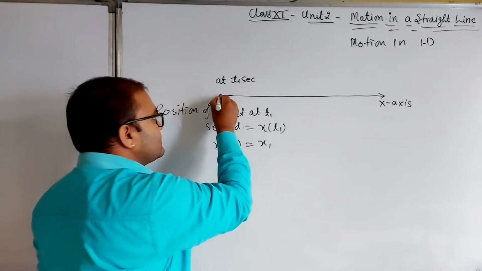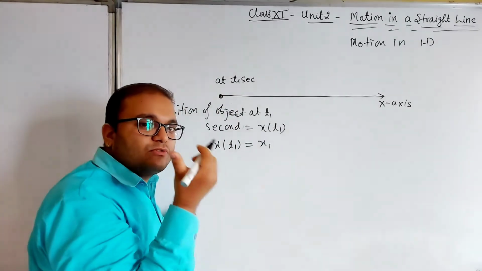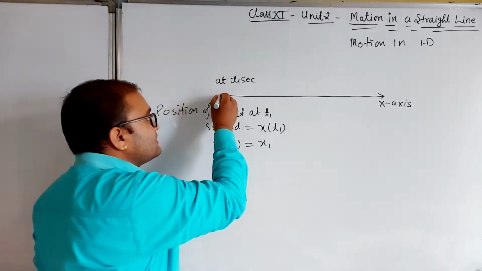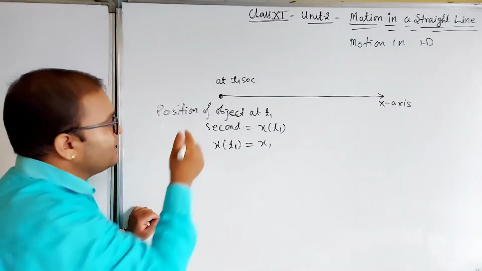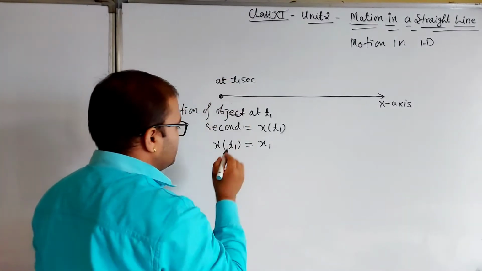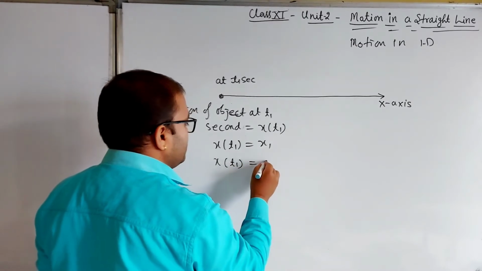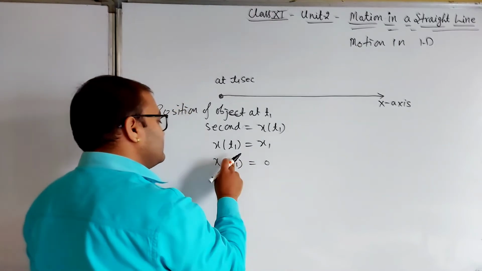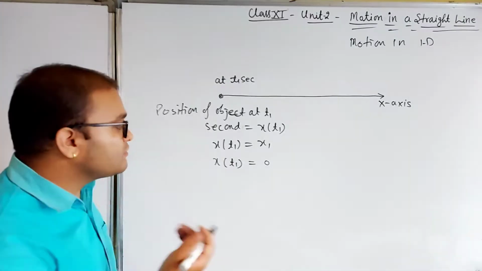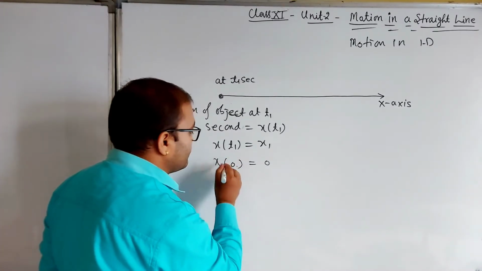Now suppose t1 is 0 second, means the object is initially at rest. Okay, we are taking from this position. So x(t1) equal to 0. But we have taken it as 0 second, so we can write x(0) equal to 0.